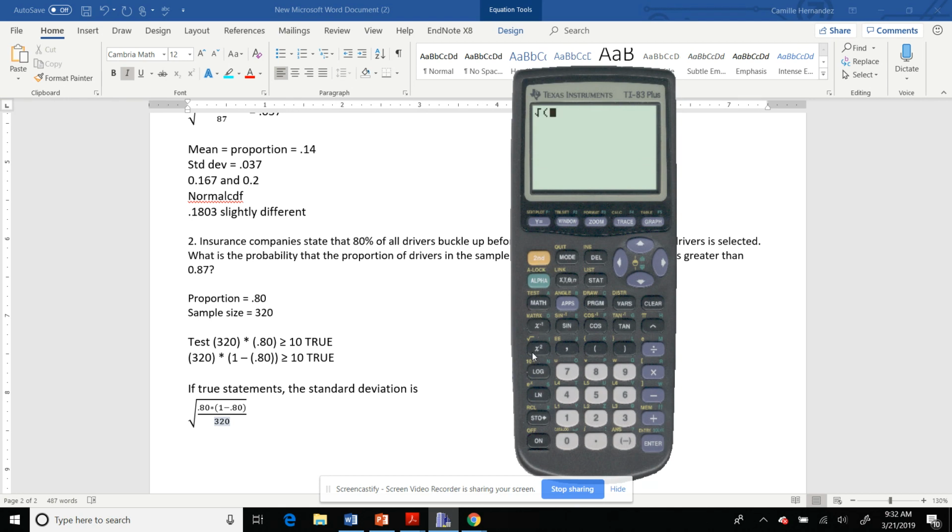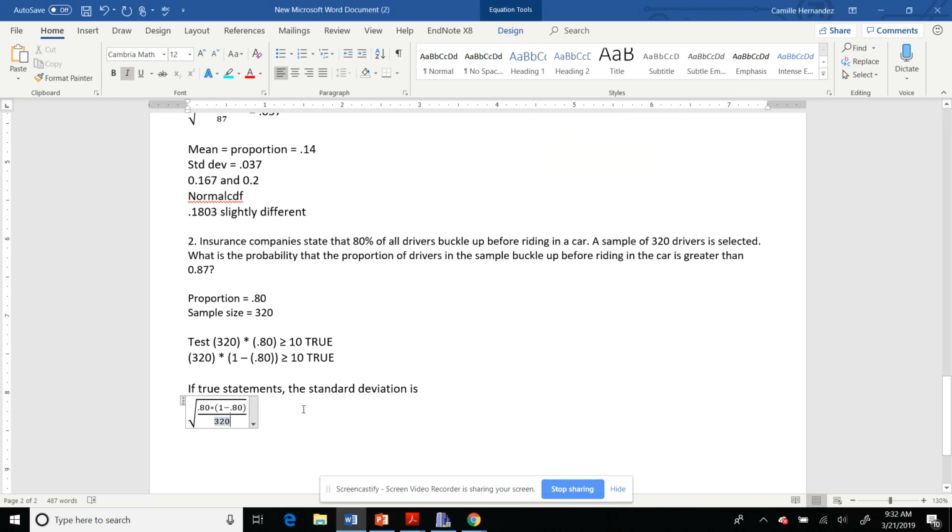Second, square root, open the parentheses, 0.80 times, new parentheses, 1 minus 0.80, close parentheses, divided by 320, close parentheses, enter. Okay, so I get 0.02236066798.